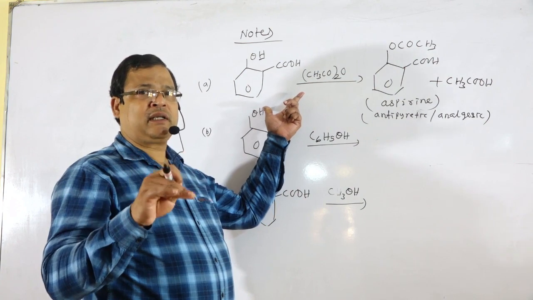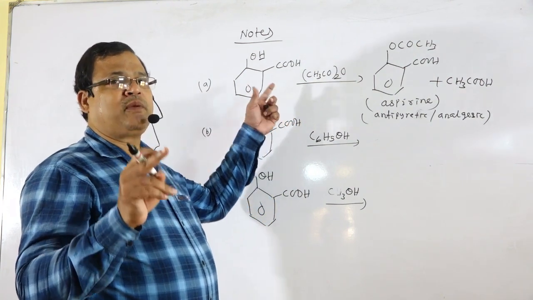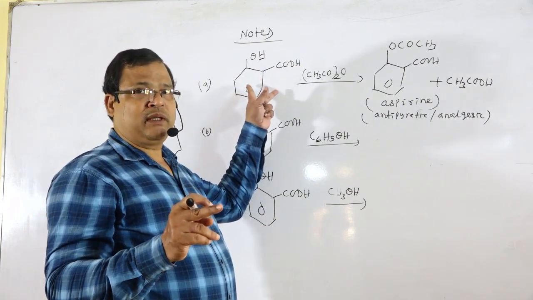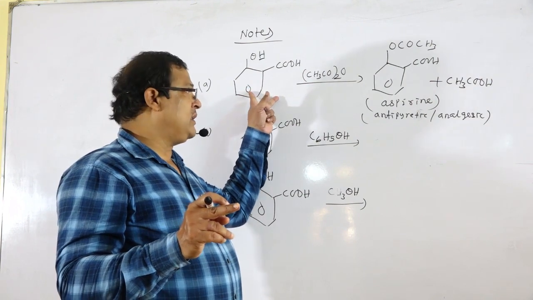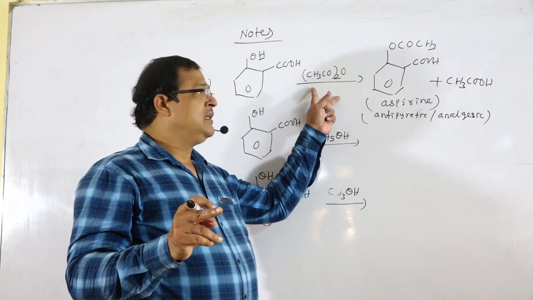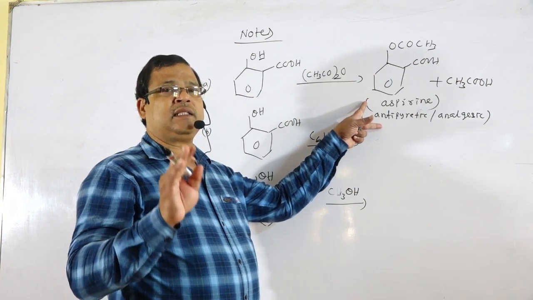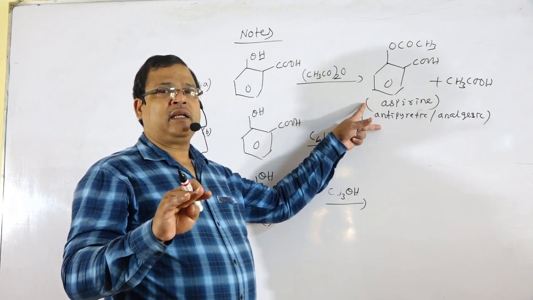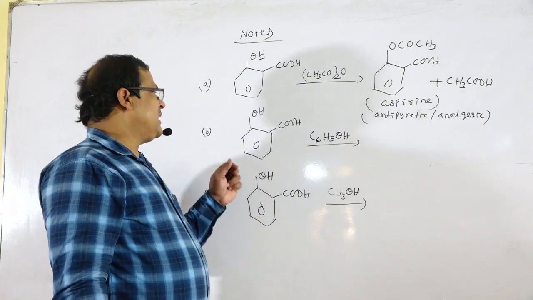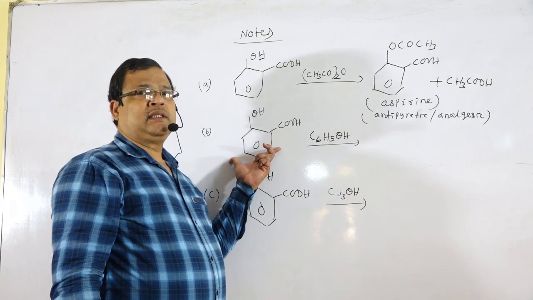Phenol in presence of carbon tetrachloride and NaOH at 343 Kelvin forms ortho-hydroxybenzoic acid, and whenever this ortho-hydroxybenzoic acid is treated with acetic anhydride, there is the formation of aspirin. Aspirin is one of the antipyretic as well as analgesic drugs. So next we will see the other properties of ortho-hydroxybenzoic acid.